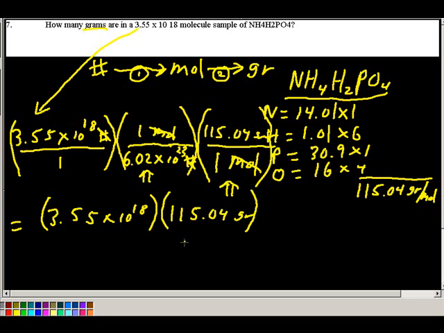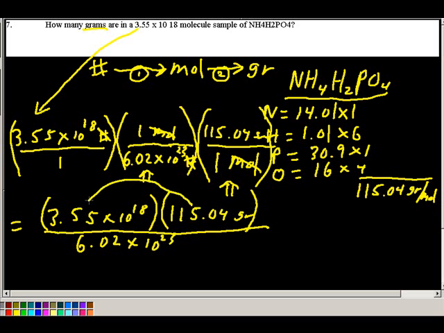Okay? Now what happens is we put that whole amount over the denominator, which is 6.02 times 10 to the 23rd. Now to make this work, we're going to multiply the 115.04 times 3.55.